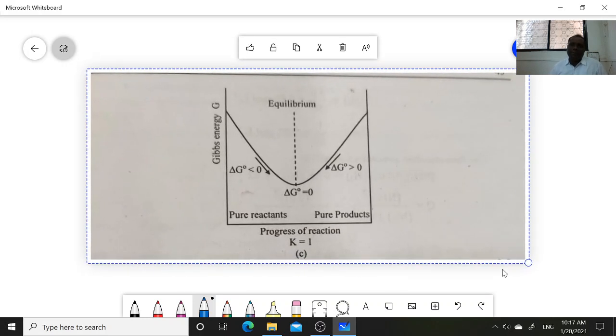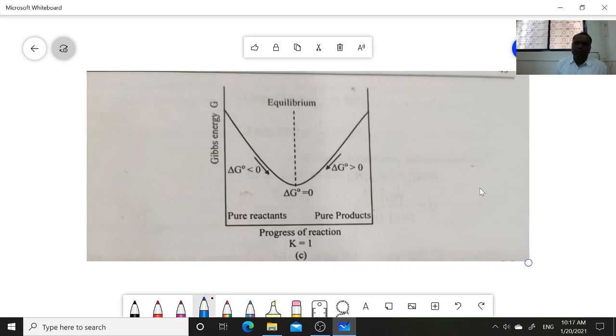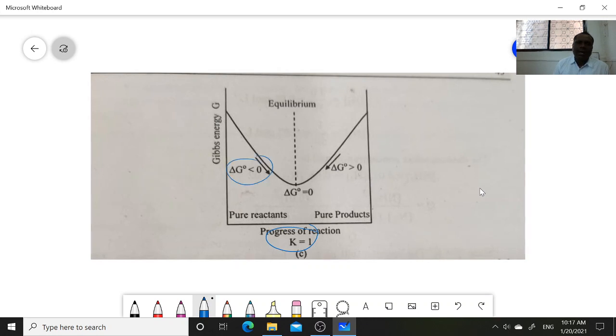in that case, the graph will look like this. That is K equal to 1, forward reaction as well as backward reaction. Delta G0 is less than 0 on this side, and delta G0 is greater than 0 on the product side.